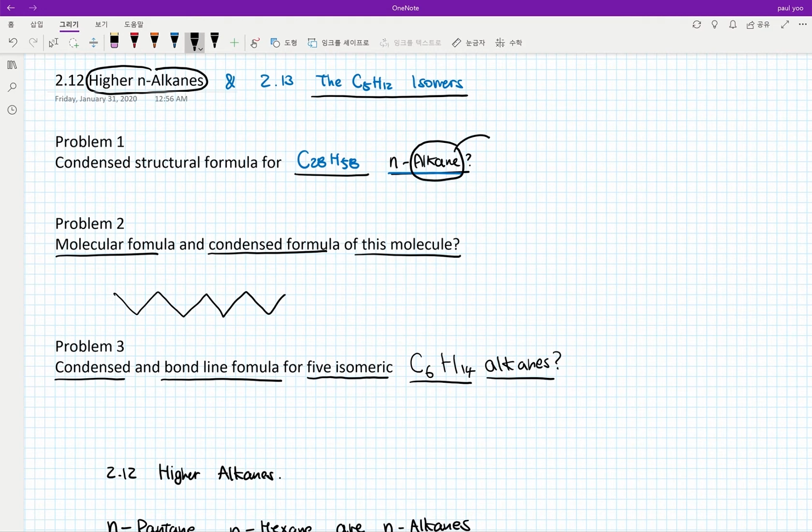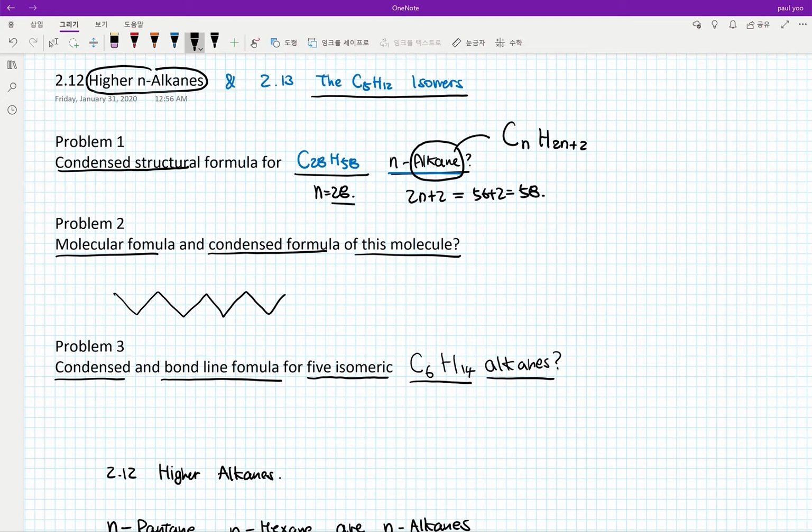Alkane has a formula of CnH2n plus 2. And here we see that n is equal to 28. Then 2n plus 2 is 56 plus 2, which is 58. So we confirm that it is an n28 alkane.